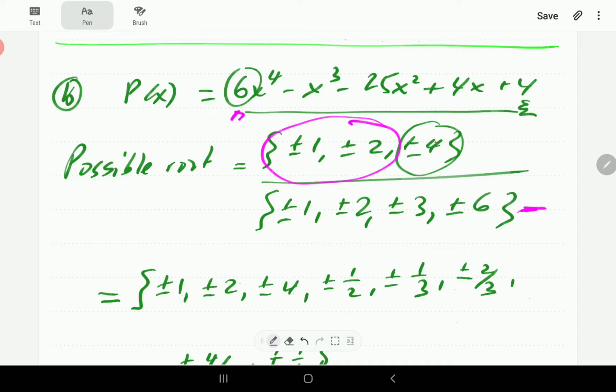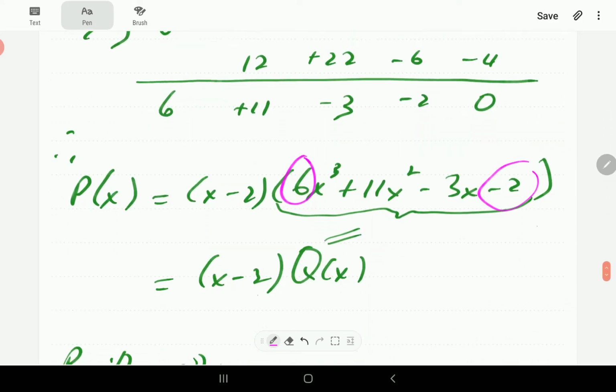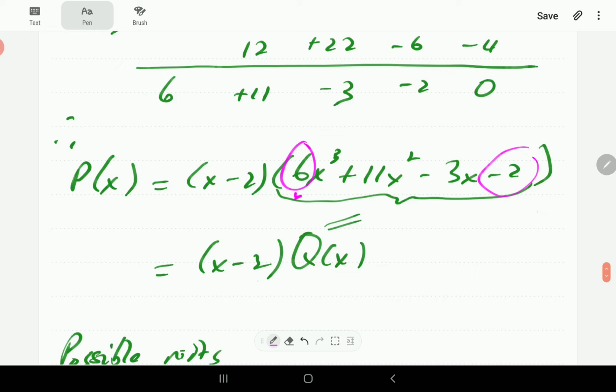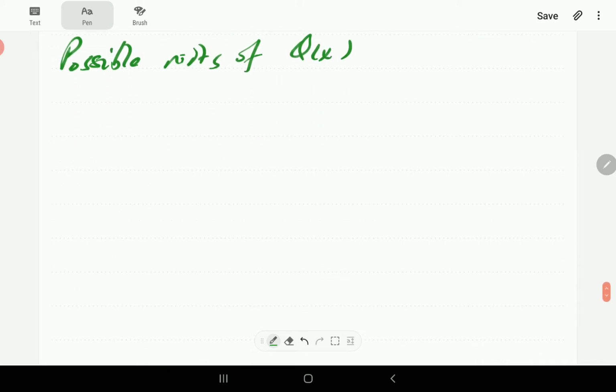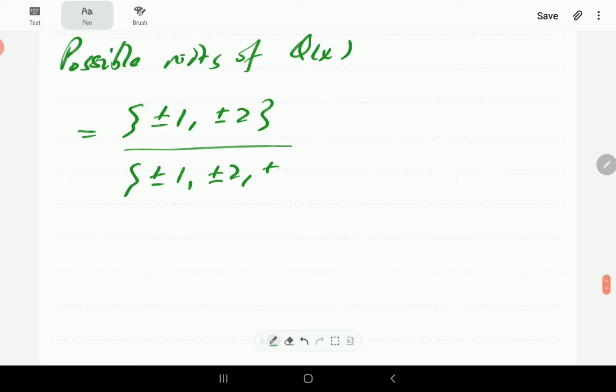Denominator is still going to be the same because we have got a 6 here. So the possible roots now of q of x are going to be in the numerator plus or minus 1, plus or minus 2, in the denominator the same as before.